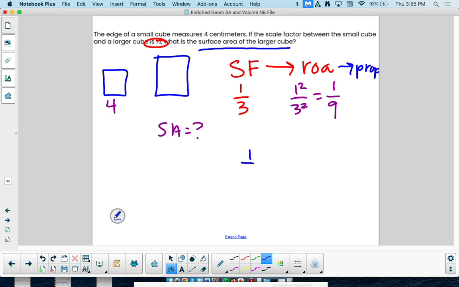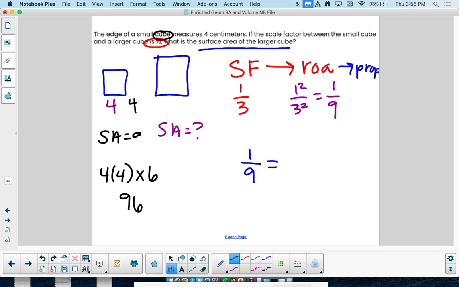So we're going to have 1/9 equals, do we know the surface area of our small one? As of right now, we don't, but since it's a cube, it's pretty easy to figure out, right? So it's going to be 4 times 4, and there's 6 sides, so times 6. So 4 times 4 times 6 gives us 96. So our surface area of our smaller cube is 96, and we're looking for the surface area of the larger one.